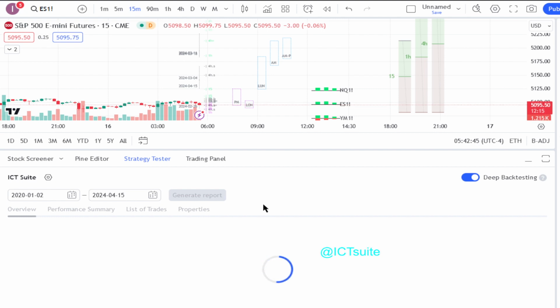ICT was using a stop loss of like 5 points, sometimes 2 points, but usually it pays off to have a little bit larger stop loss.